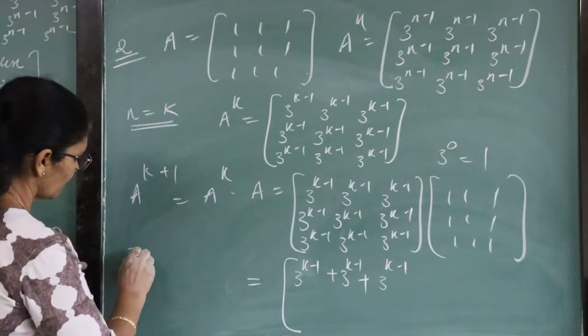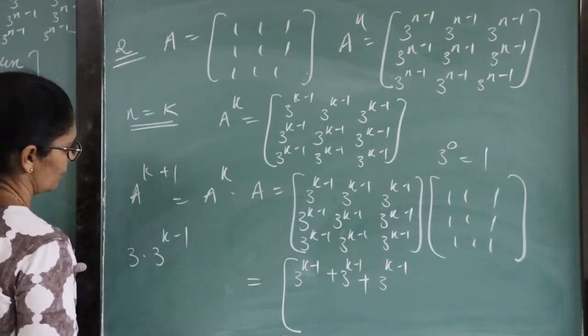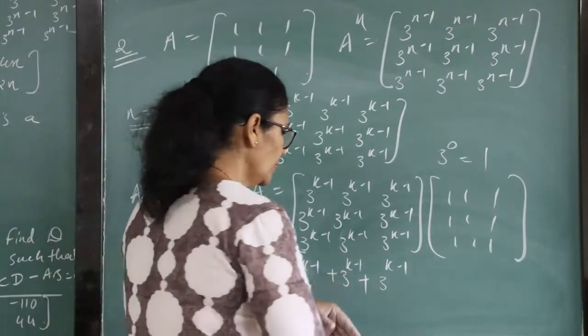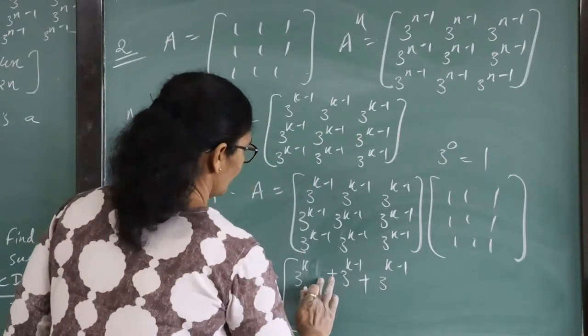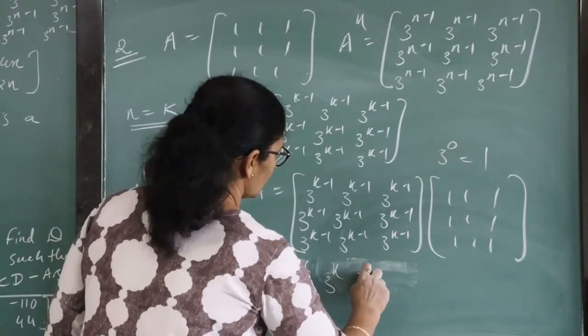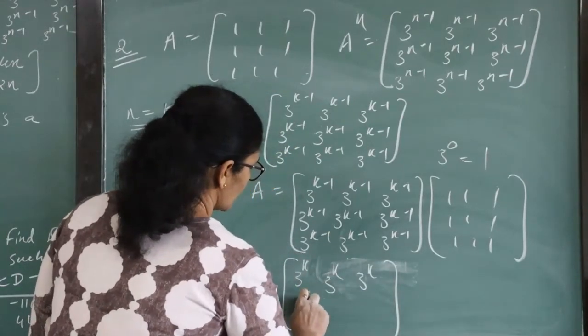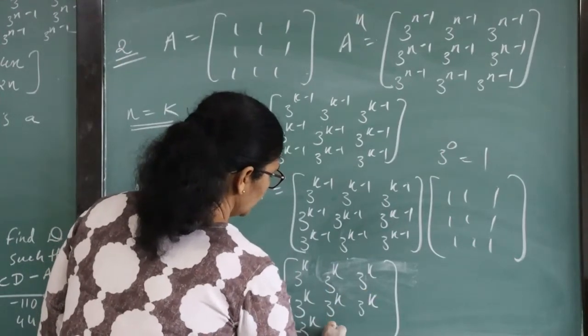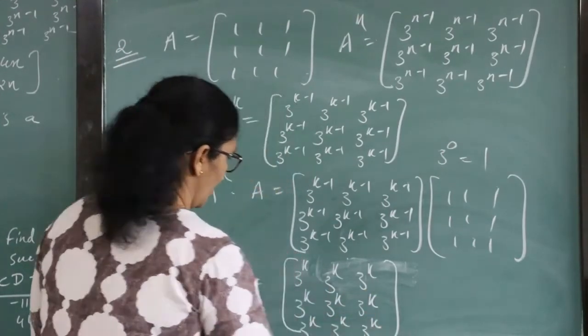So how can I write 3 times 3 raised to k minus 1? What is the meaning of it? 3 raised to k only. So all the terms, suppose I solve it in this way, all the terms what I will get? 3 raised to k, 3 raised to k, 3 raised to k. This is also 3 raised to k, 3 raised to k, because all the terms are same in both the matrix.